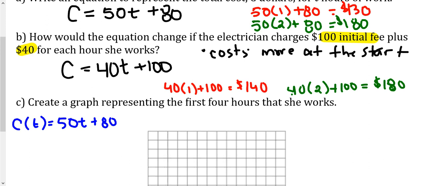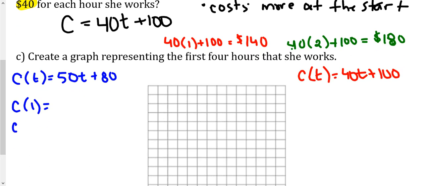And then on the right side, I'm going to do the other equation. The cost of T hours of work is 40T plus 100. Putting in that function notation just helps us talk more quickly about the cost of 1 hour, the cost of 2 hours, the cost of 3 hours, and the cost of 4 hours for each different wage that we're looking at.